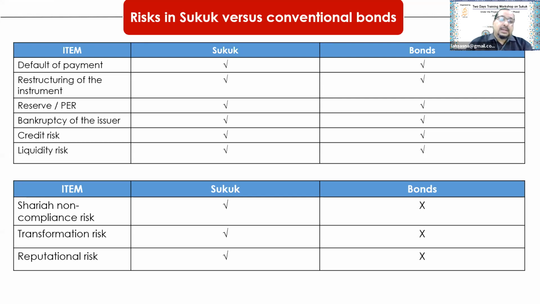The other unique risk is reputational risk. Of course, the conventionals could have this, but the degree of the impact is lesser compared to the Islamic, because here we are talking about the Islamic features, the Islamicity of the products. We are talking about the legitimacy of the return.